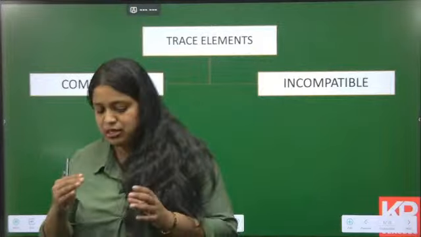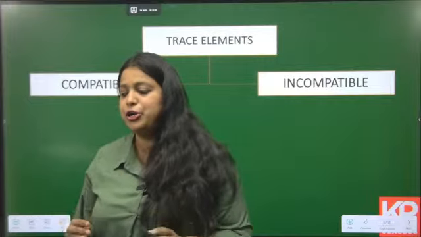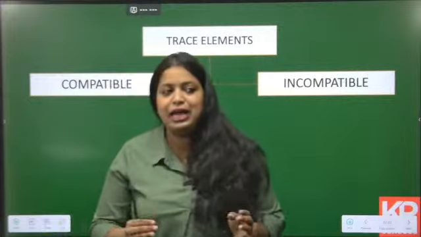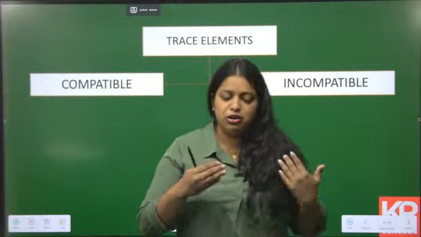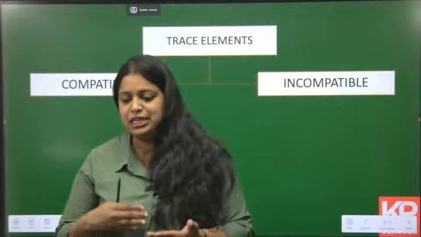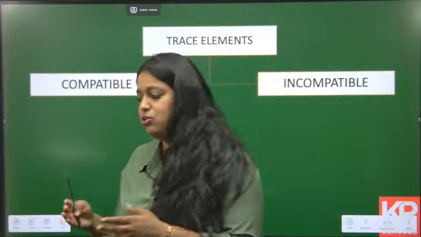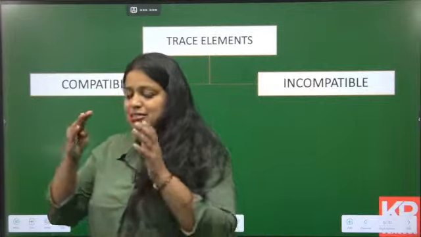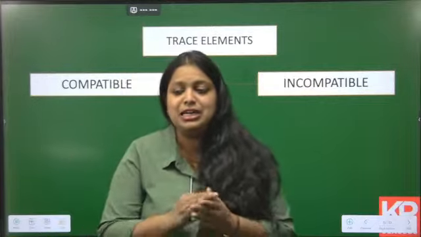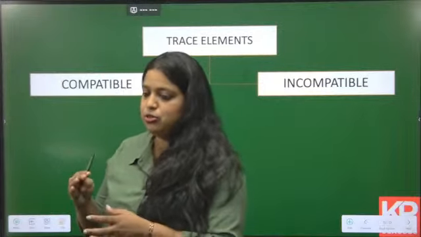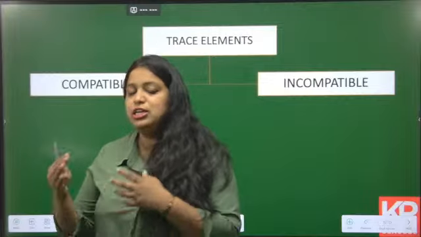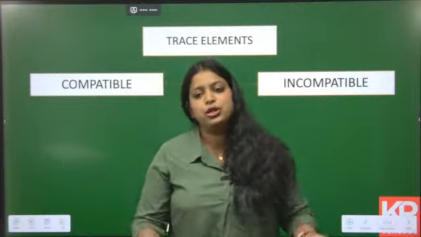A compatible element means the concentration of that particular element will be higher in the solid than in the residual melt. Contrarily, an incompatible element means the concentration of that element is higher in the melt relative to the solid during crystallization or during melting.